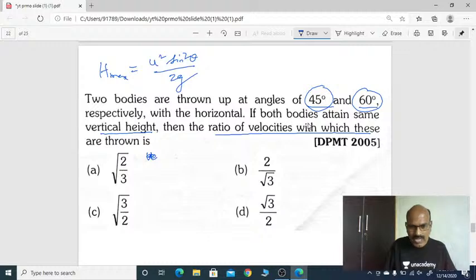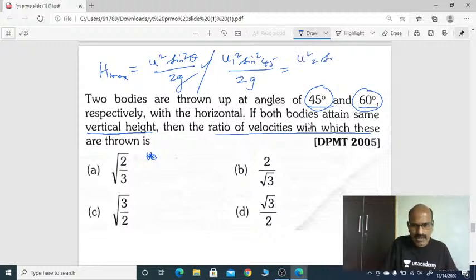According to the problem, both reach the same vertical height. That means u1 square sine square 45 by 2g equal u2 square sine square 60 degree by 2g. Both are reaching the same height, that's it, right?